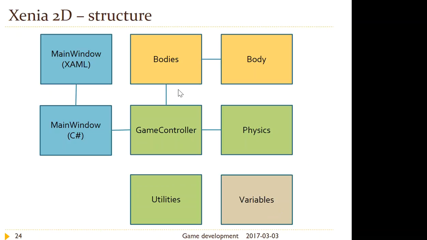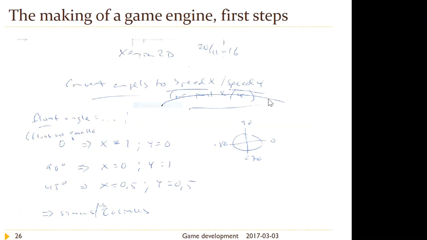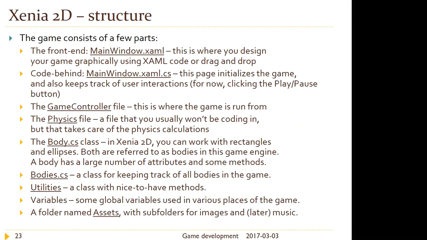The game consists of a lot of bodies, and these are connected in a bodies list in the class here. And all these bodies have a lot of different attributes, like position and name and such things. So this is what it looks like.